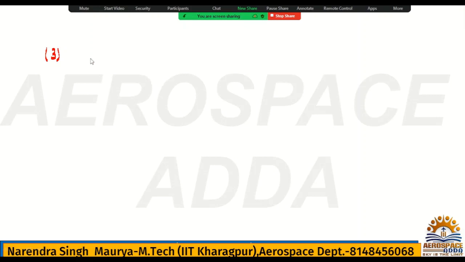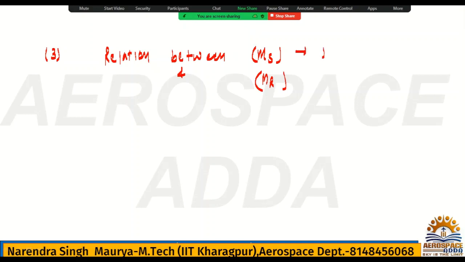See, the third formula is the relation between Ms, the incident shock, and Mr, the reflected shock.